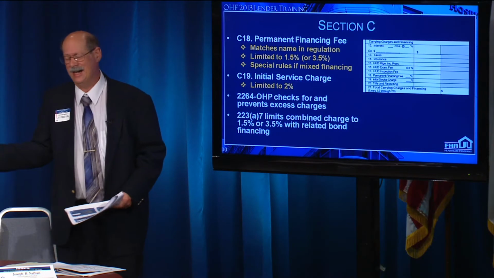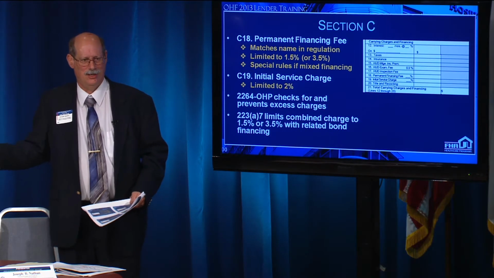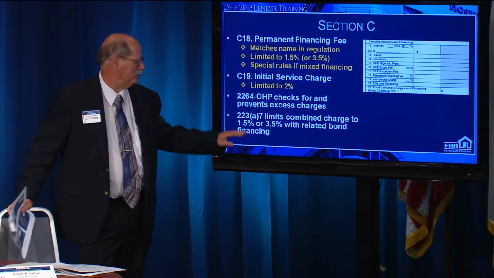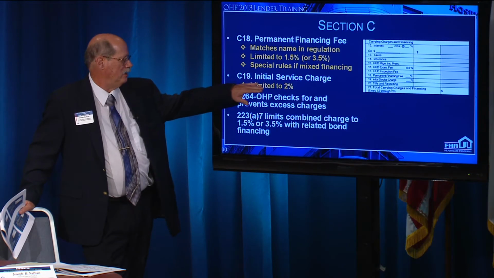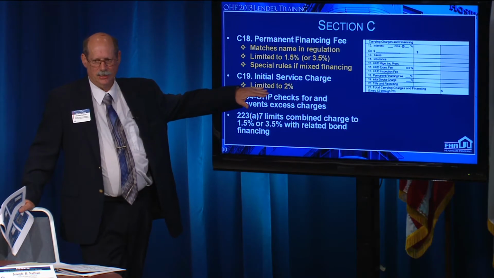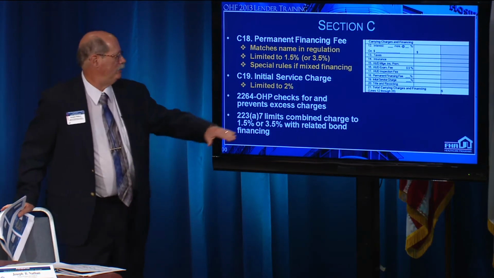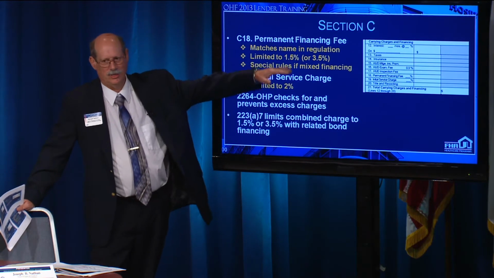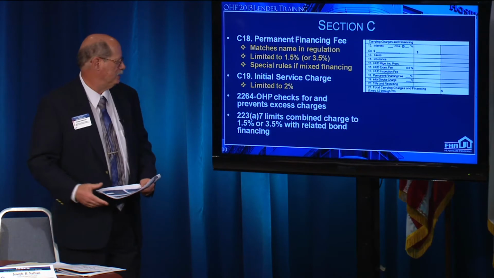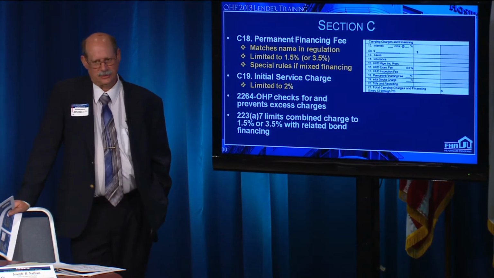Our form will not do the mixed financing thing, meaning that we're going to have to make our own manual calculation to verify on that one there. The initial service charge is limited to 2%, but in the case of A7, remember the combination of the 2 and the 1.5 or 3 is limited to 1.5 or 3.5%, as the case may be. So let's go to the next slide.